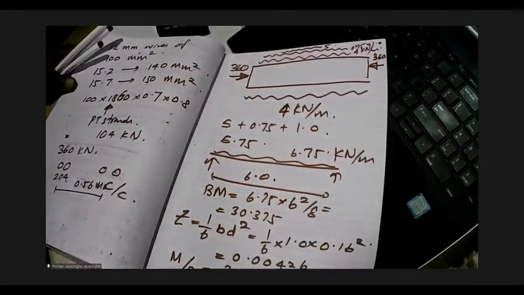So now we have to see what's going on. Because this upward force is already compensated, now we have an axial force of 360 kilonewtons per meter. So 360 divided by 160 gives 2.25 newtons per millimeter squared.